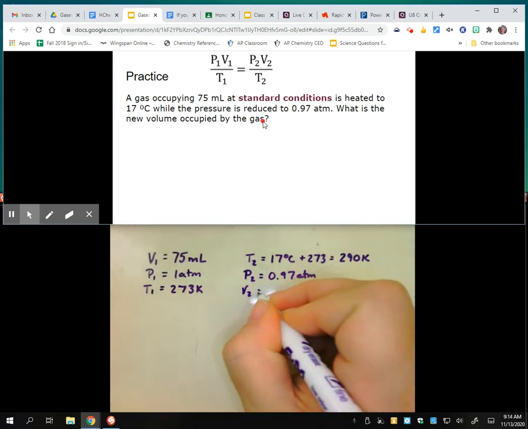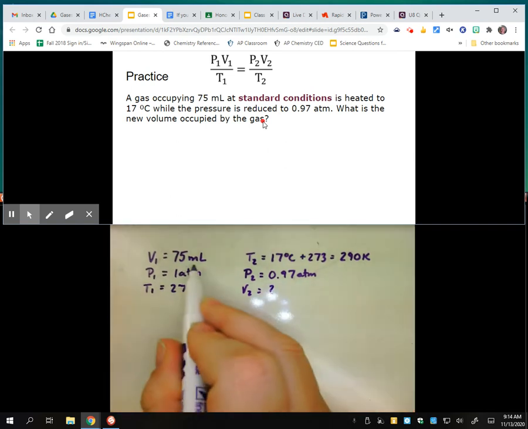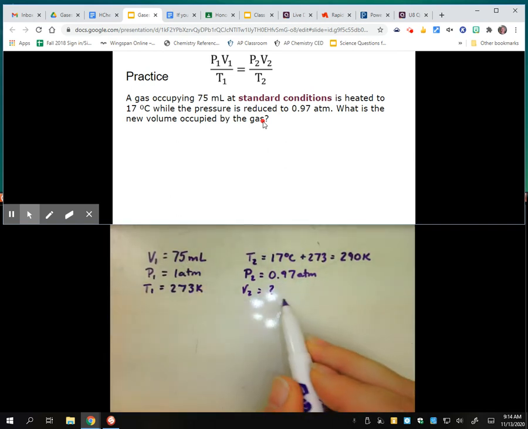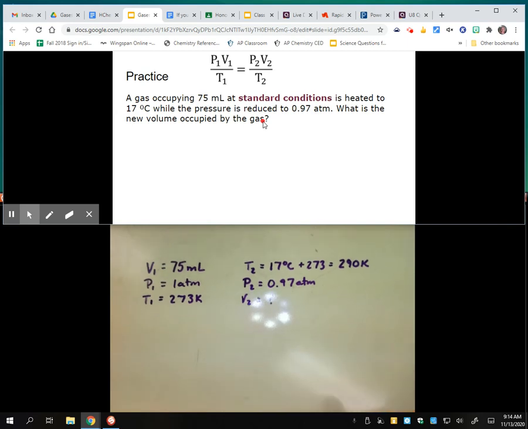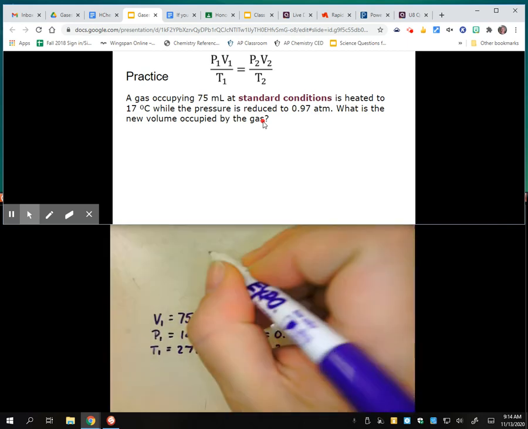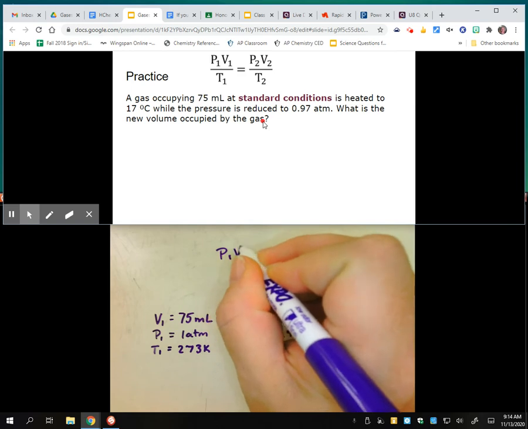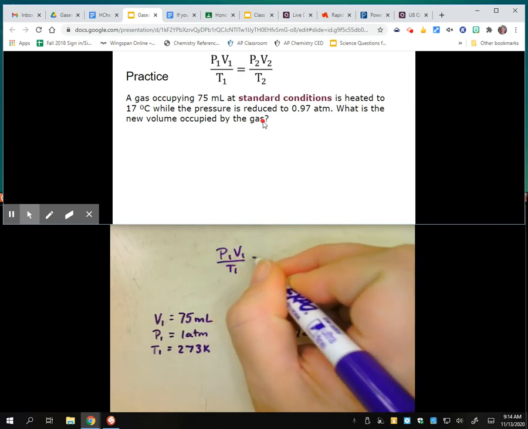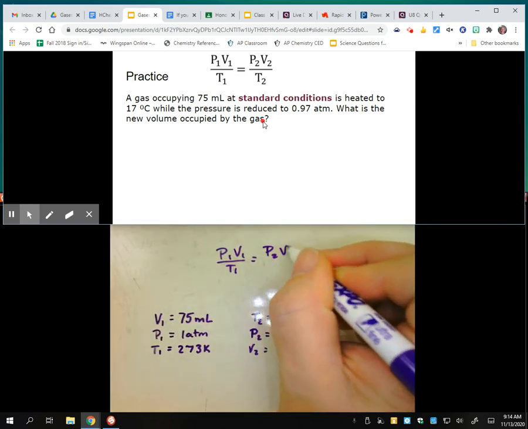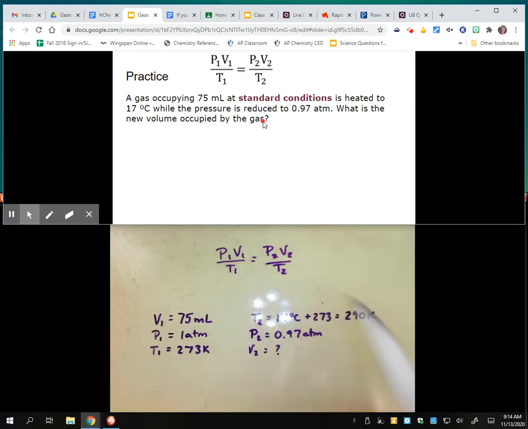So V2 is what I'm looking for. And because this volume is in milliliters, this volume is going to end up being in milliliters as well, but you'll see it as the units work out. All right, so we need to rearrange our equation. So P1 V1 over T1 equals P2 V2 over T2.